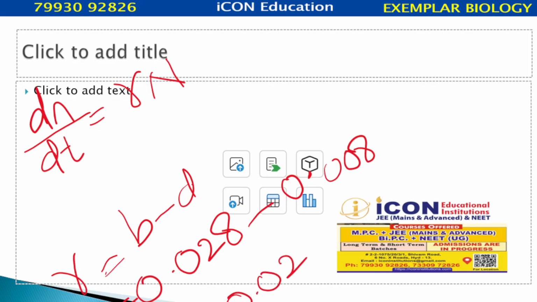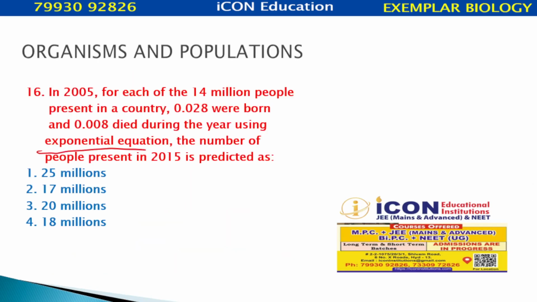So we got the r value. r is the intrinsic rate of natural increase, we can say. Exponential equation they asked, 0.028 were born and 0.008 died. So I found the answer, 0.020 is the r value.